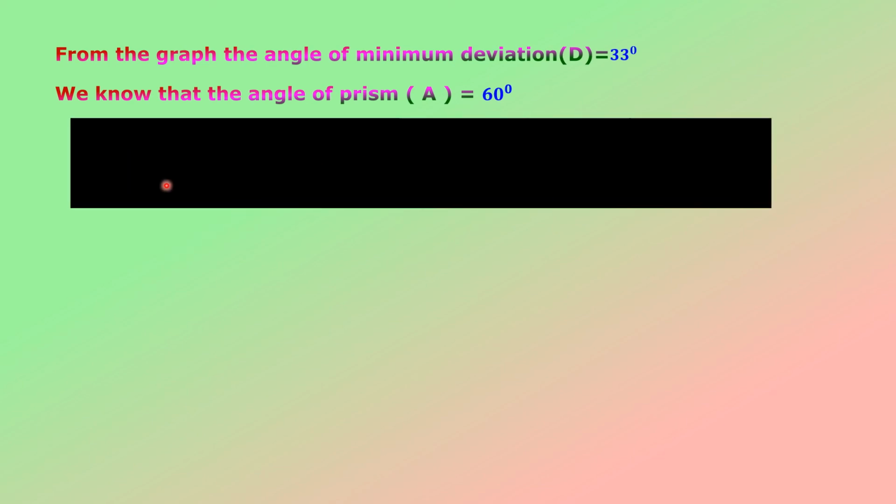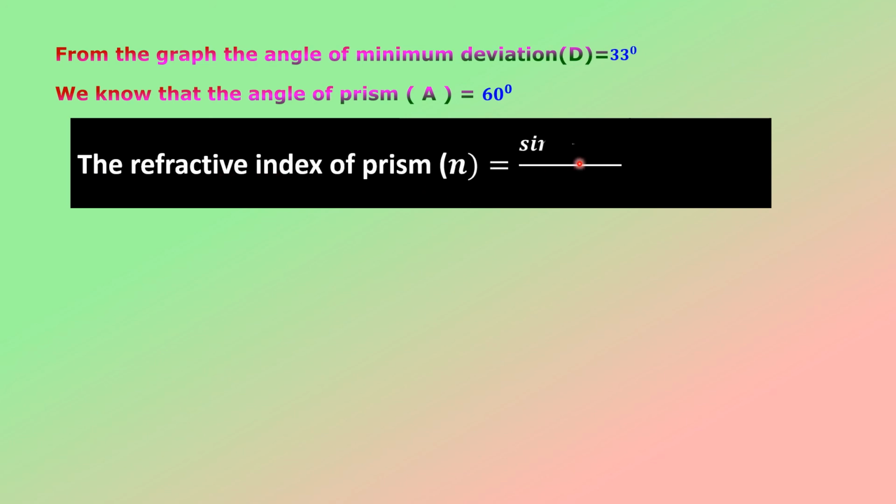Okay, and the angle of prism we have already known its value as 60 degrees. Next, the formula to find the refractive index of the prism: n equal to sine (A plus D) by 2 by sine A by 2.